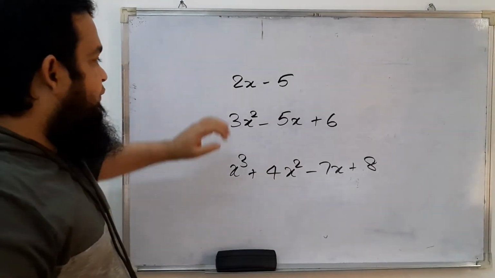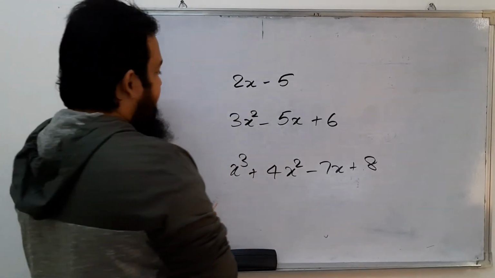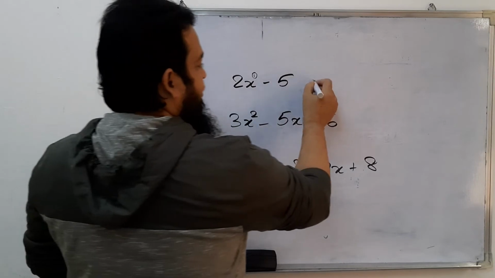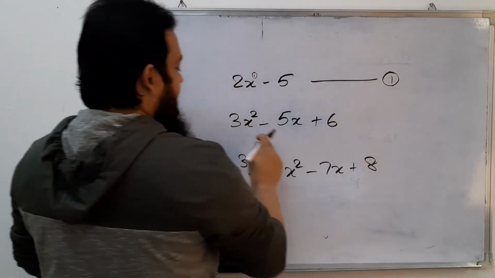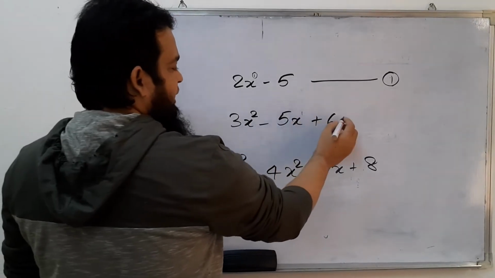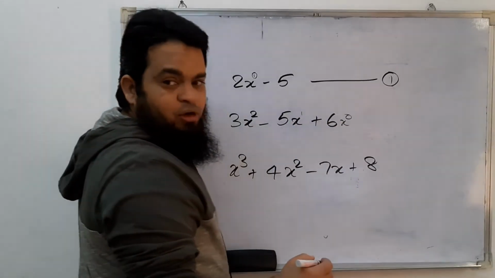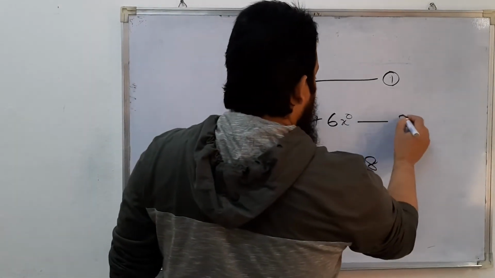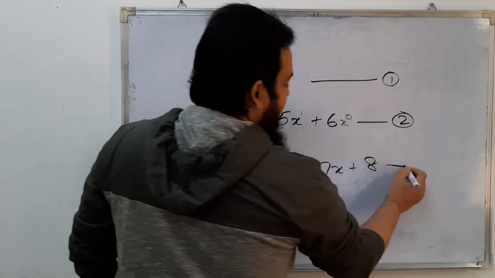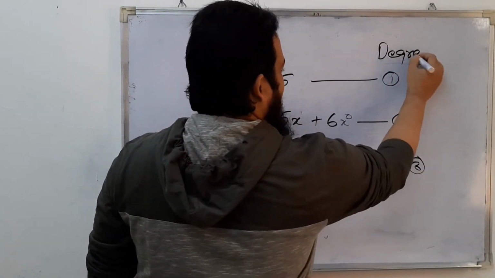So let us see the degree of the first example. Here we have 1. So the degree of this polynomial is 1. And here, see here it is 1 and here it is 0. So therefore the highest degree of the polynomial is 2. And here we have 3 as the degree of this particular polynomial.